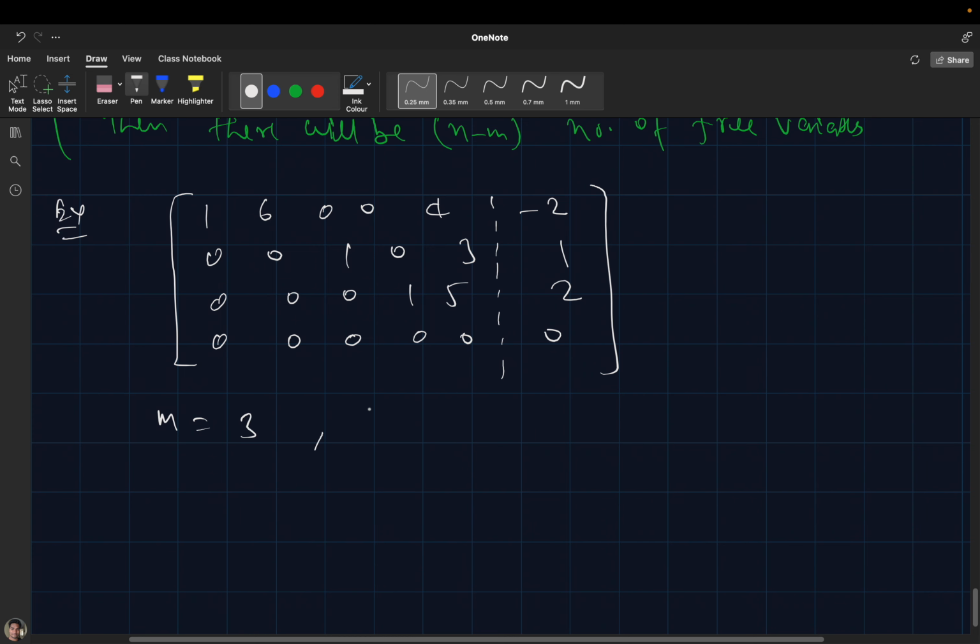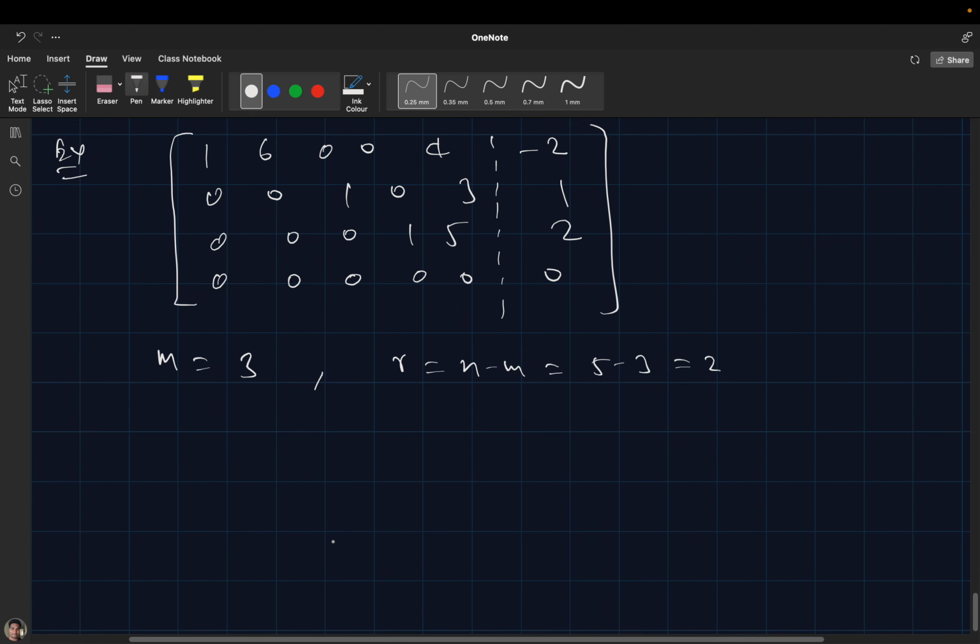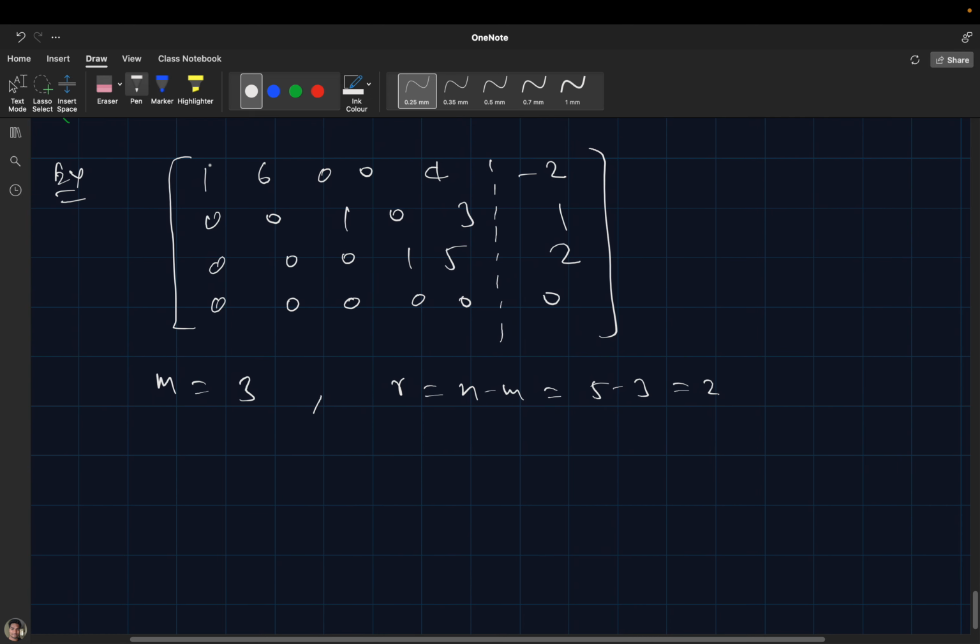So free variables I will call R. How many free variables? N minus M. Here the number of variables is 1 2 3 4 5, so 5 minus 3 equals 2. So the leading variables are at these positions and the others will be free.